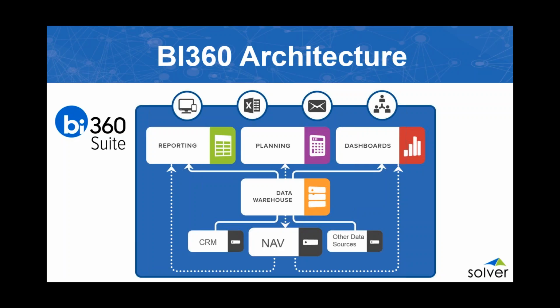So we have an administration module, which is where you manage your licenses and your security, as well as the pre-built NAV integration that I showed you today. That's out of the box. And that's also where you can see everything that's inside the NAV database, custom tables, including SQL views. And you can add those, those that are unique to your installation of NAV, right in our admin interface.